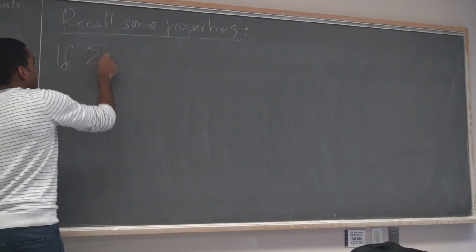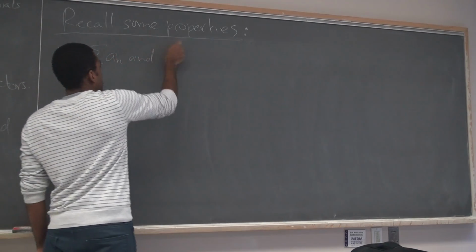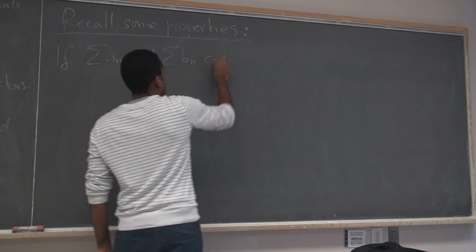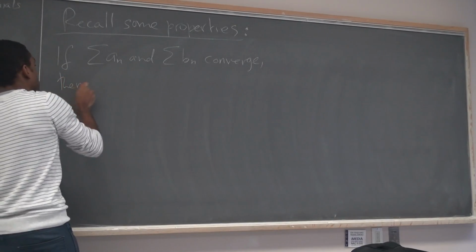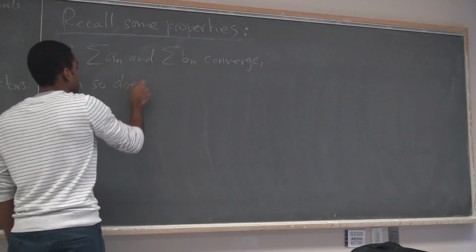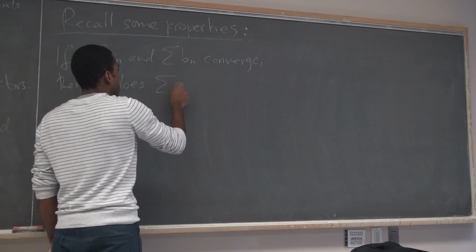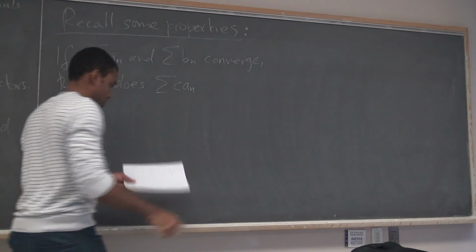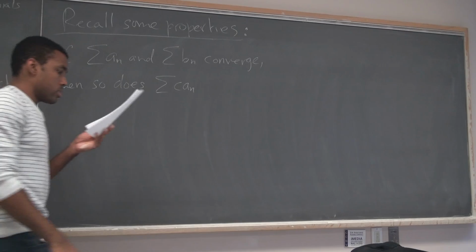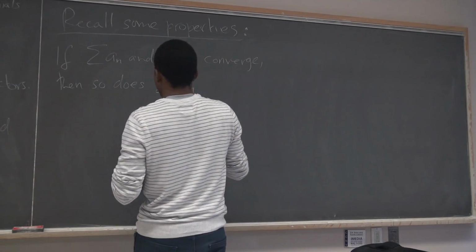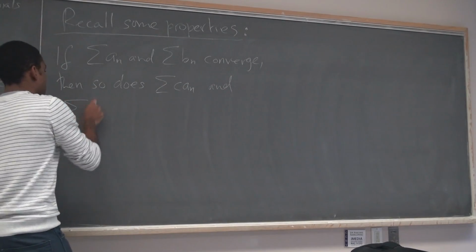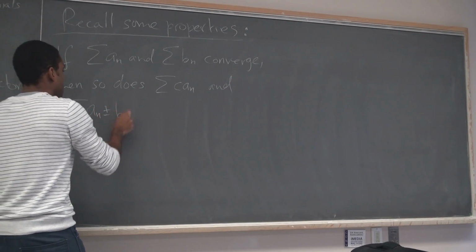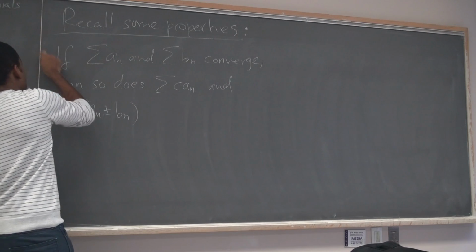If the series of a_n and the series of b_n converge, then so does a constant times a_n, and the sums of them, a_n plus or minus b_n, would also converge.